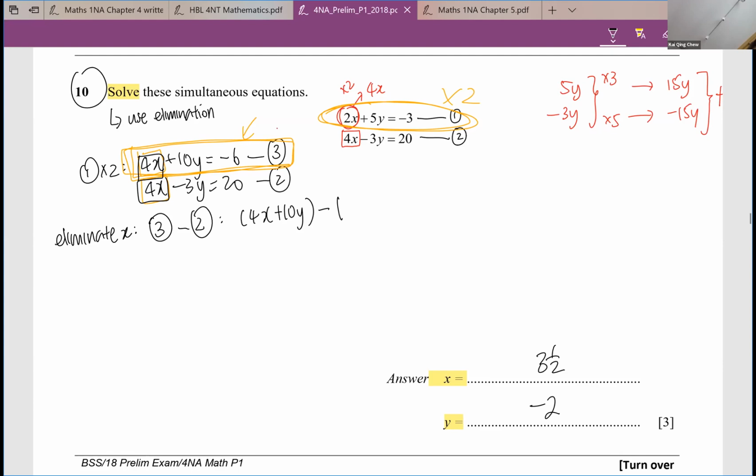I should minus these two on the left hand side, and then I minus the other two on the right hand side. So you understand how I get this now? Okay, so then it's just 4x minus 4x.